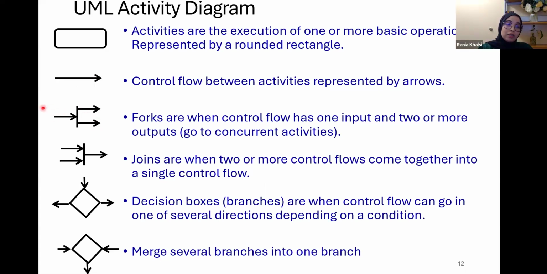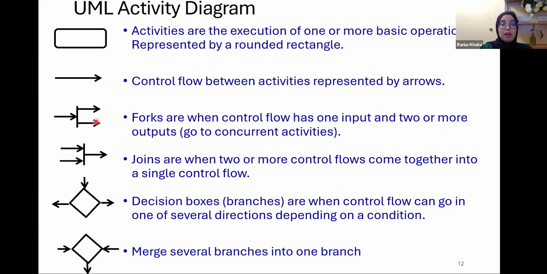So you have one first activity, then whatever two activities you have here, they are running or executing in parallel. To represent that, we use something like this: one entering a bar, and two outputs, or it depends on how many next activities you have.